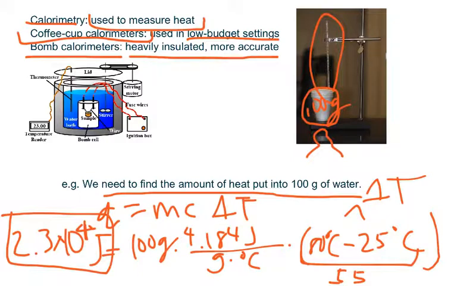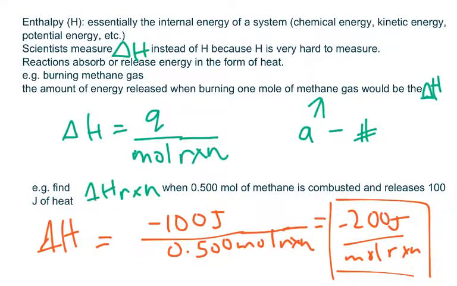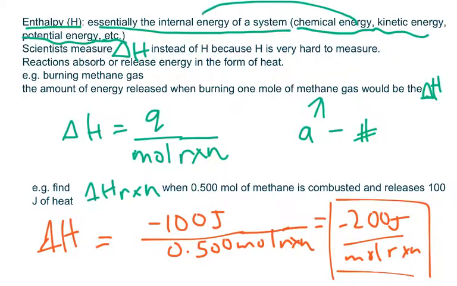So now that we are talking about heat, we can crawl into another topic yet again called enthalpy, which is indicated by a capital H. Enthalpy is essentially the internal energy of a system, such as the chemical energy, the kinetic energy, and the potential energy, and everything else, all combined to form the internal energy, which is everything.